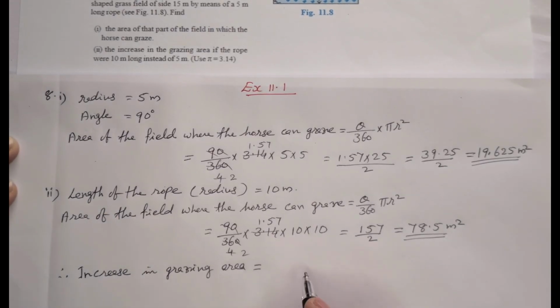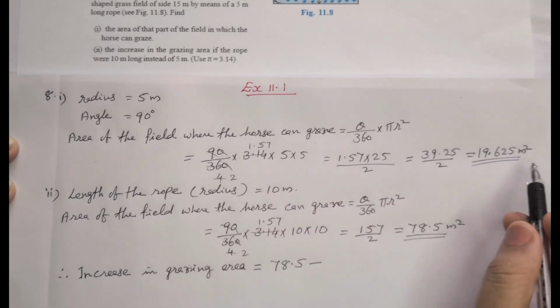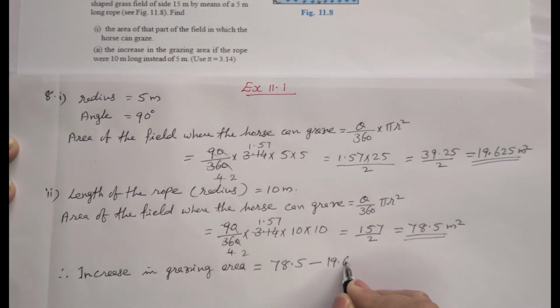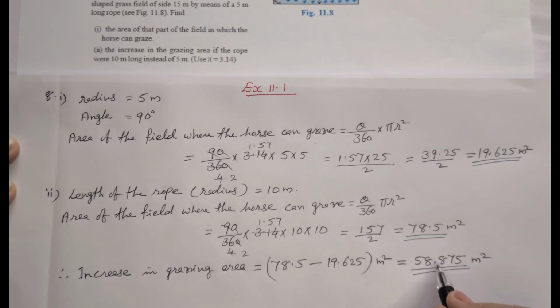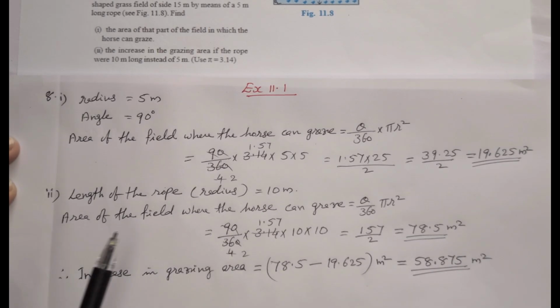So the increase in grazing area is equal to, when the rope length is 10 meter, the area is 78.5 meter square, minus 19.625 meter square, which is equal to 58.875 meter square area increased when the length of the rope increased from 5 meter to 10 meter.